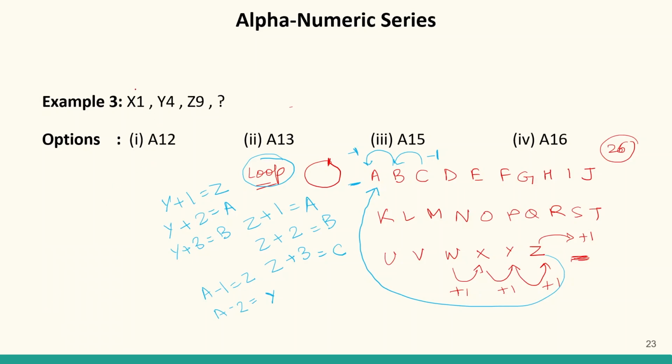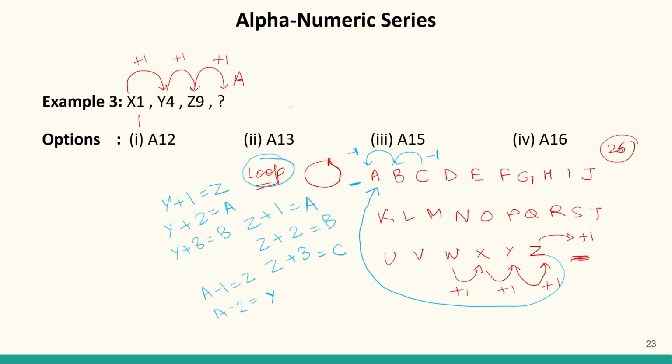Okay. So let us understand this with this example. We are going from W to X, plus 1. We are going from X to Y, again plus 1. Then from Y to Z, plus 1. So we have to add 1 to Z. That would be A, back to the starting, because we are going in a loop.